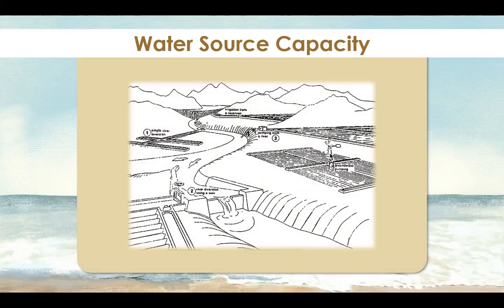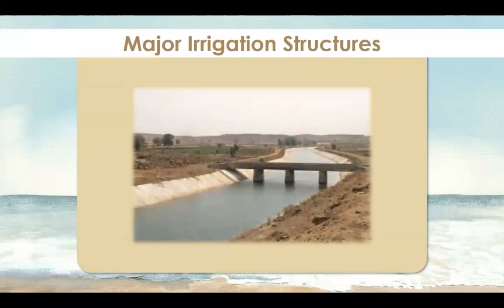The water supply must be clearly indicated, showing location and available capacity. The third one is major irrigation structures. The irrigation plan should be in consultation with the National Irrigation Administration, or what we call the NIA. It is a branch of the Department of Agriculture that is responsible for irrigation development in the Philippines.